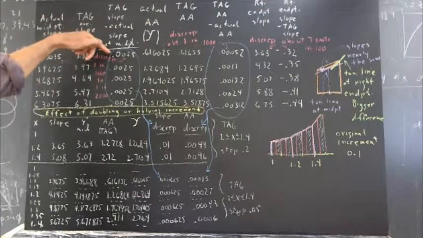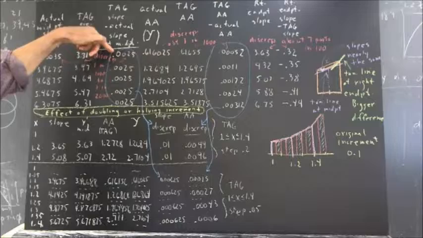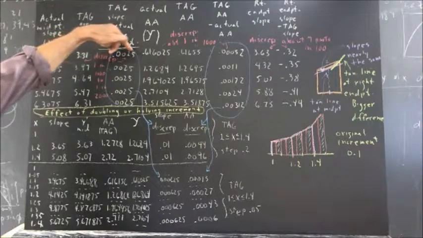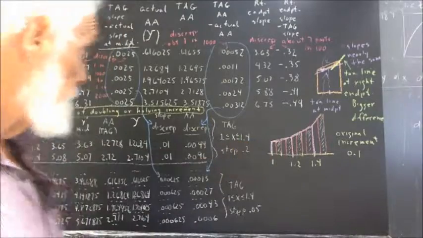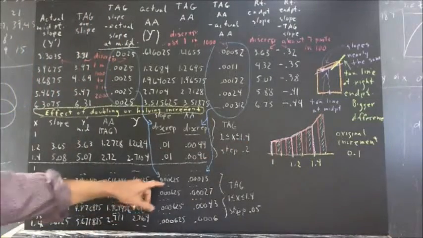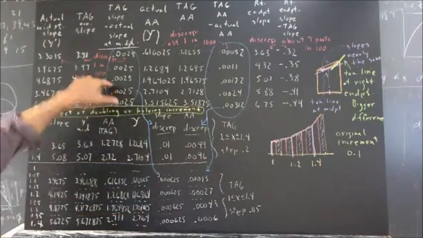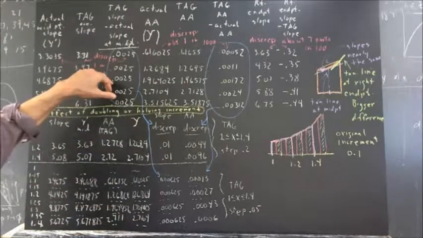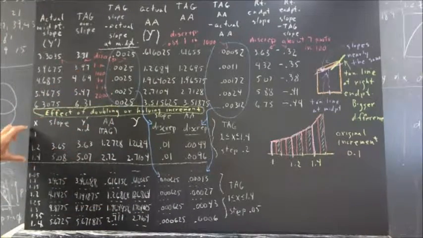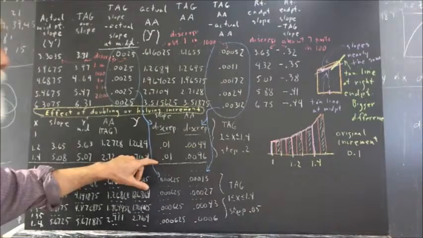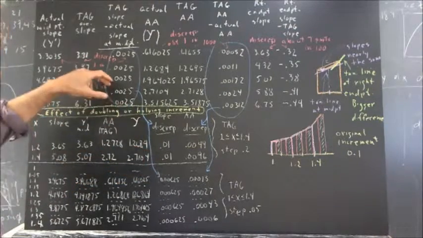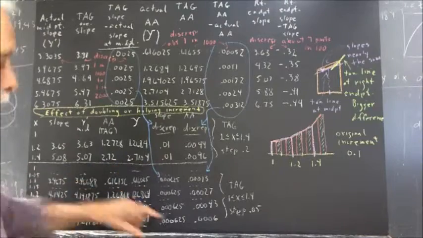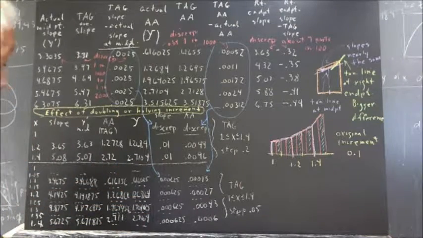The slope discrepancies, where they were 0.0025, when we cut the increment in half, we get a discrepancy that is 1/4 of what it was. So if we double the increment, we increase the discrepancy by a factor of 4. If we cut the increment in half, we decrease it by a factor of 4.